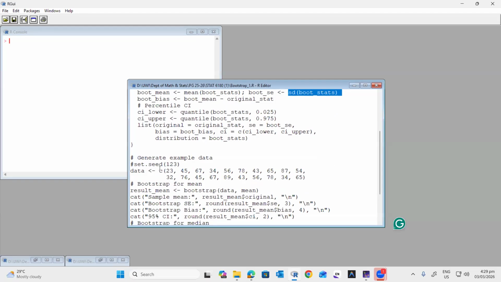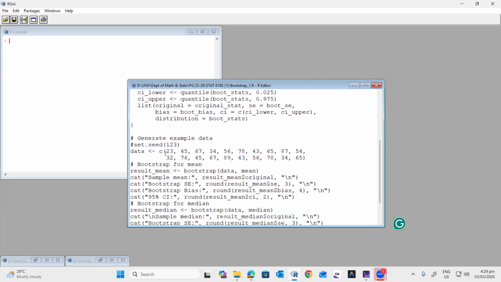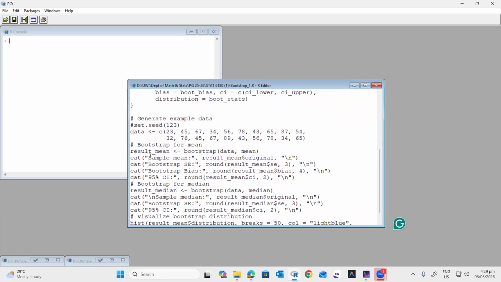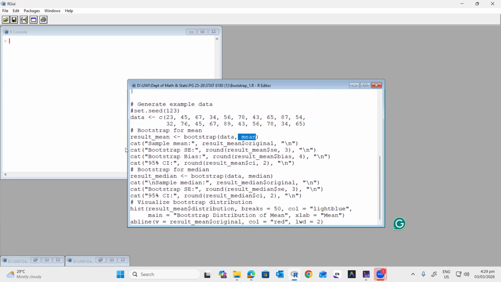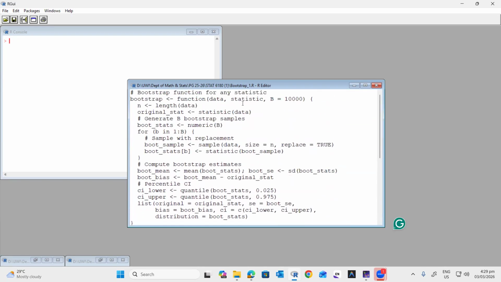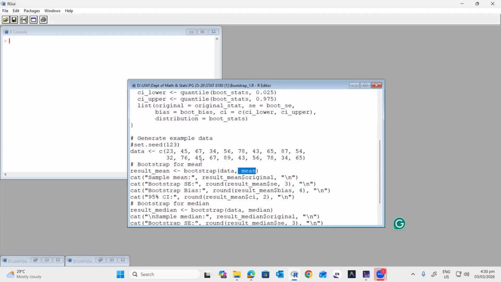After that, I'm going to generate this data. Here I'm giving the original data: 23, 45, 67, 34, and so on up to 65. I want to check the bootstrap for the mean. So I'll store the result in result mean, calling the bootstrap function on this data, and instead of statistic it should be mean. I'm going to define statistic equals mean.